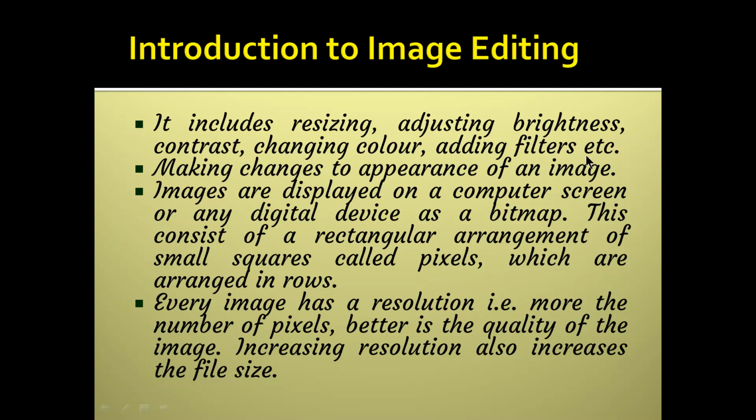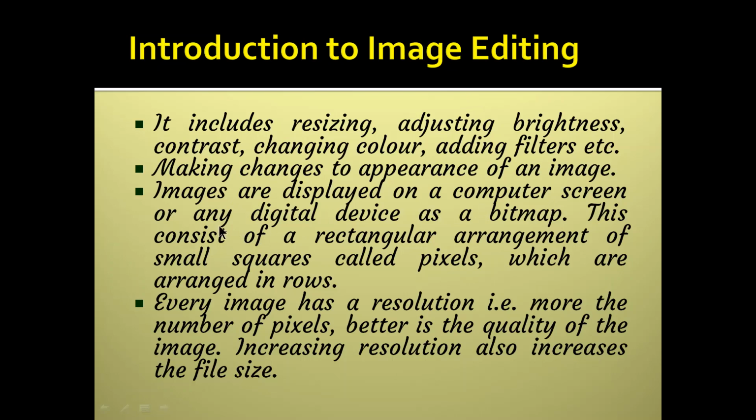I think all these you have already tried through various apps in your mobile phones, as we do a lot of editing in our images using various apps in the mobiles. But in computer system, GIMP is the software for doing the same things. Fine. Making changes to appearance of an image, that is image editing.